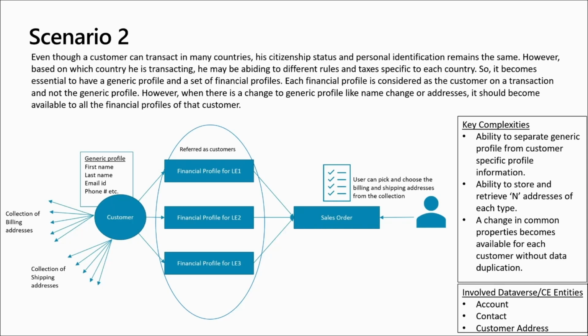Therefore, what we are providing is the ability to have a separate generic profile for a person or an organization, and the ability to store and retrieve as many addresses as possible for each type of transaction. Right? You can have n number of addresses. And then you can have various financial profiles that are referred to as customers or vendors to transact against, right?